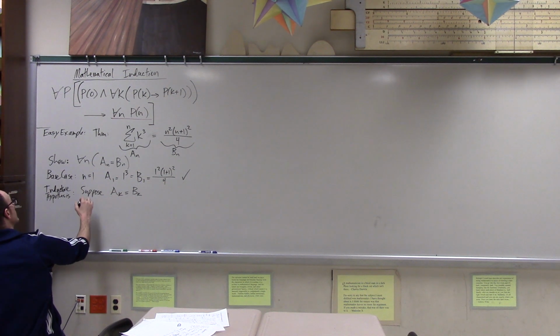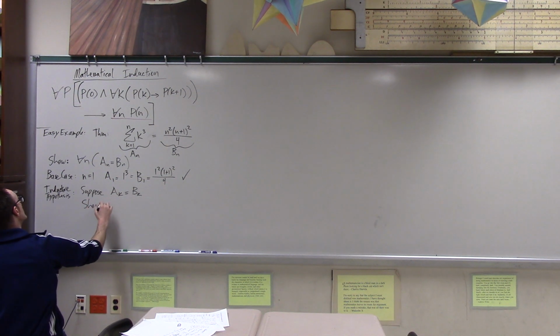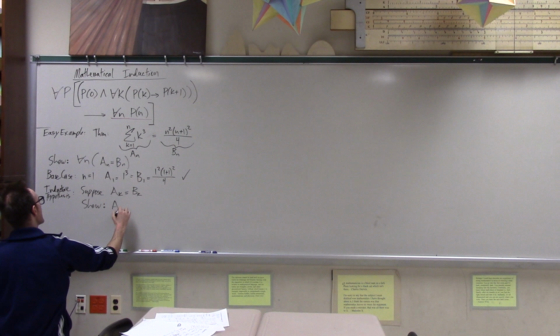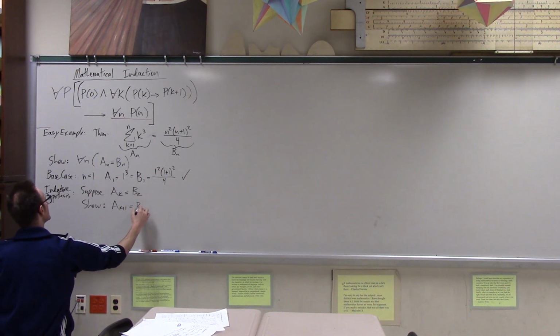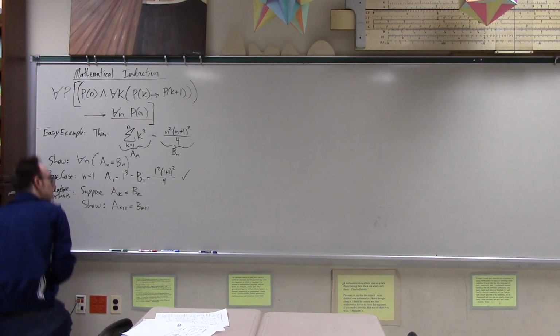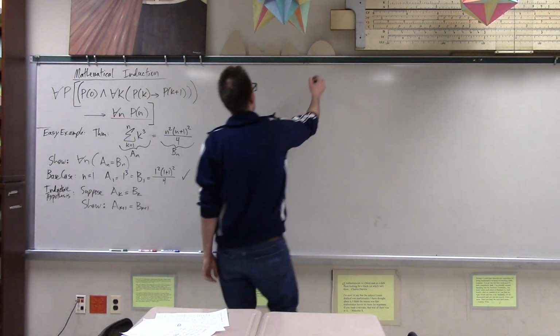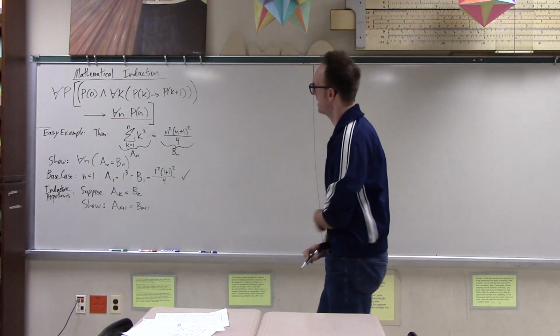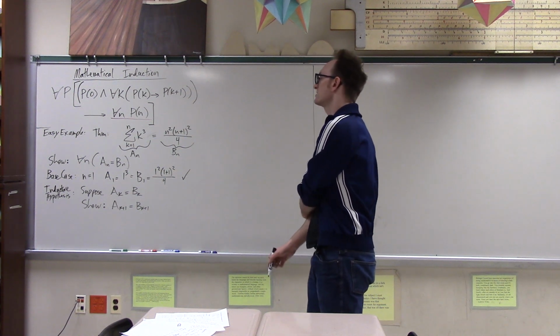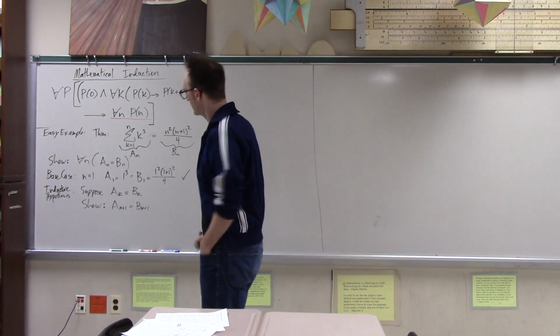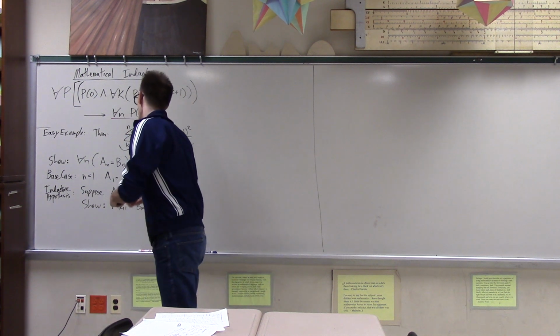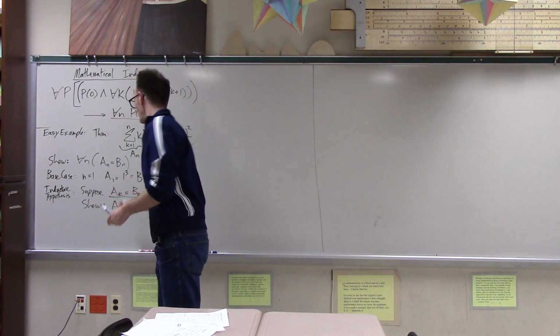And then what we must show to complete the inductive step is that A sub k plus 1 equals B sub k plus 1. Okay, I picked an example that I thought was kind of easy, something we may have even done before. So I've made this assumption, and now I have this particular thing to show.